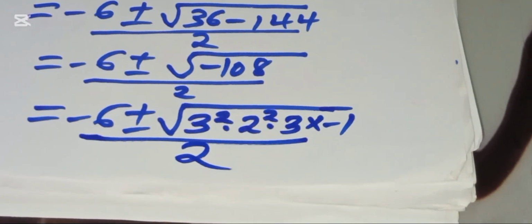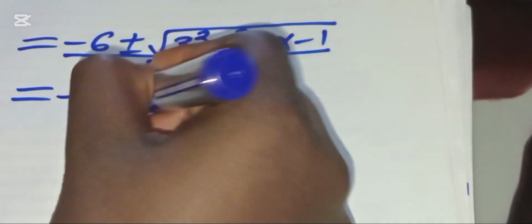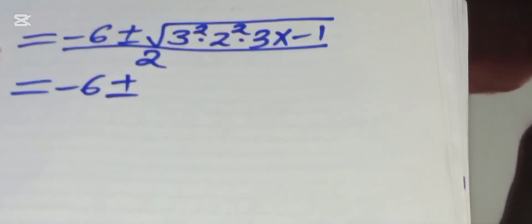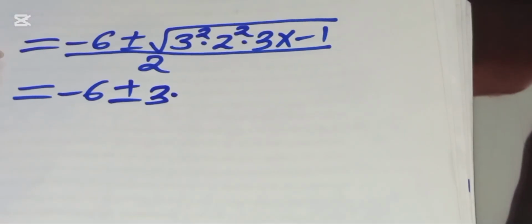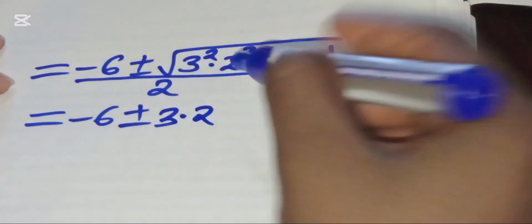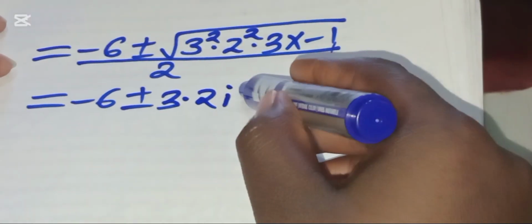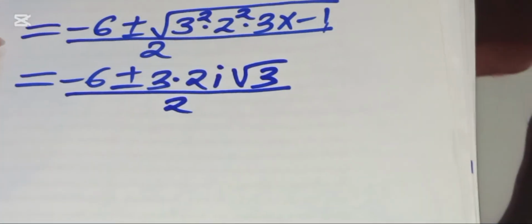Okay, so let's proceed. What we have here is negative 6 plus or minus the square root of 3 squared, which is the same thing as 3, multiplied by the square root of 2 squared, which is 2, multiplied by the square root of negative 1, which is i, times the square root of 3, divided by 2. Now let's simplify.